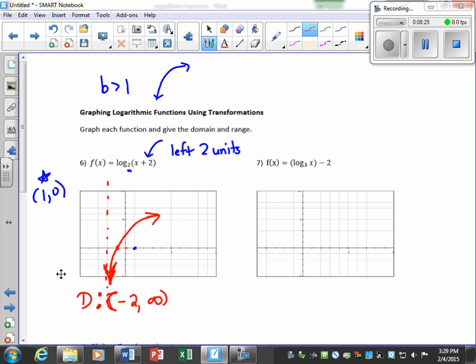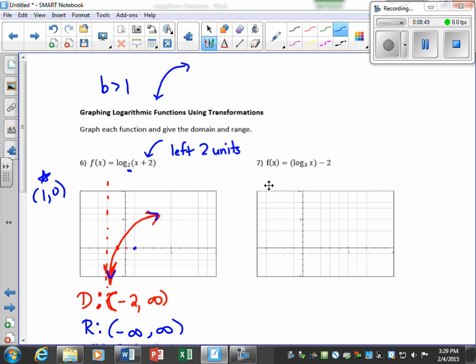So the leftmost point will get close to -2, but never go past it, and then the rightmost point will just keep going on and on and on for infinity. The range is your y values. It's the bottommost point, which is an arrow pointing down. The topmost is an arrow pointing up, so -infinity to +infinity.